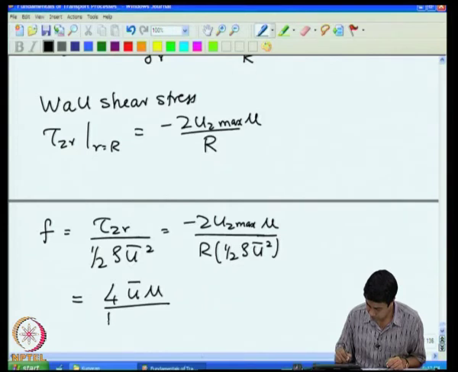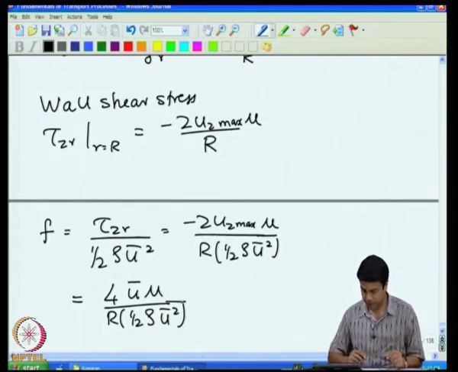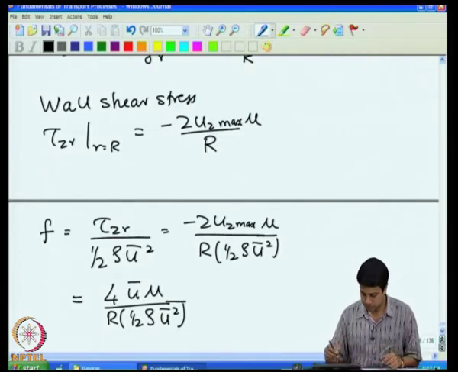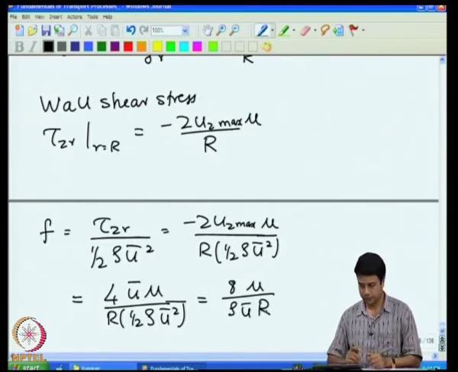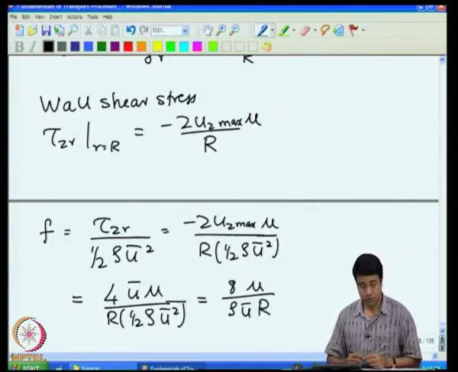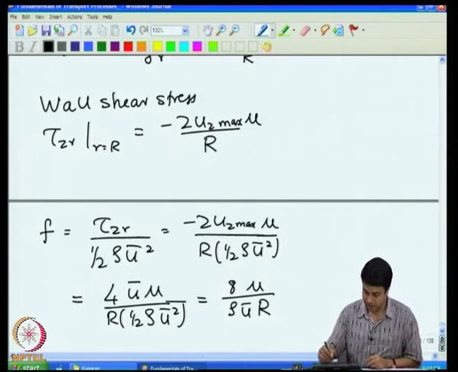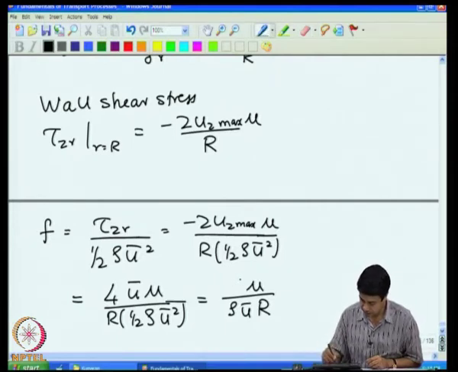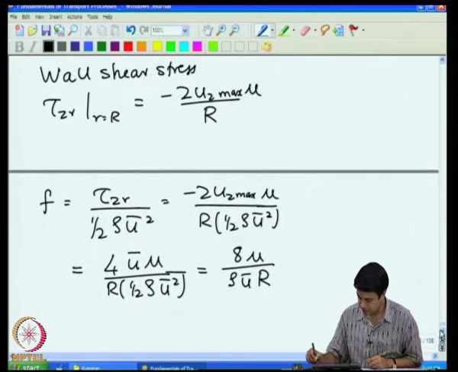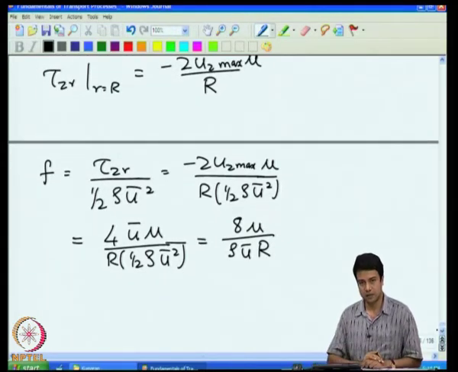So, this I can write as 8 mu by rho u bar R. Rho u bar R by mu is a Reynolds number. However, the Reynolds number as traditionally defined is defined in terms of the pipe diameter and not the radius.